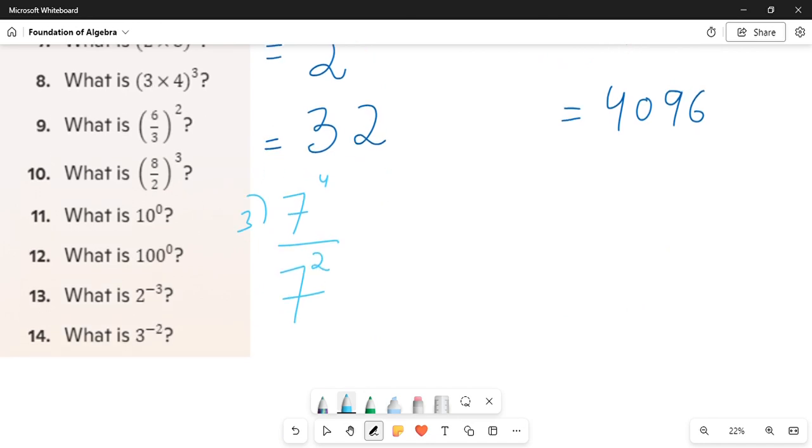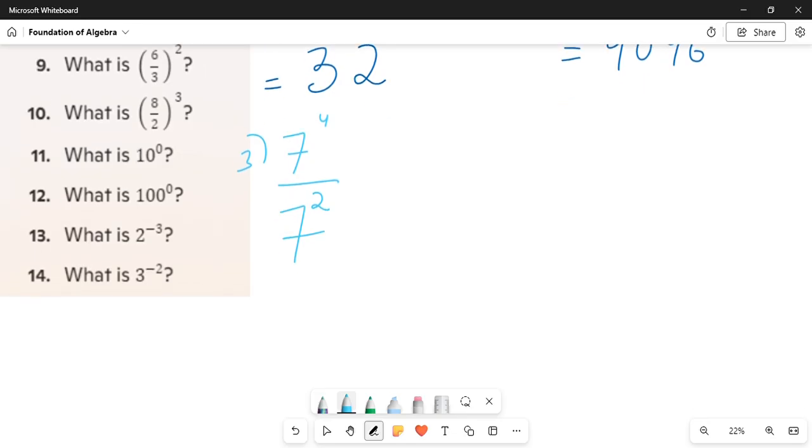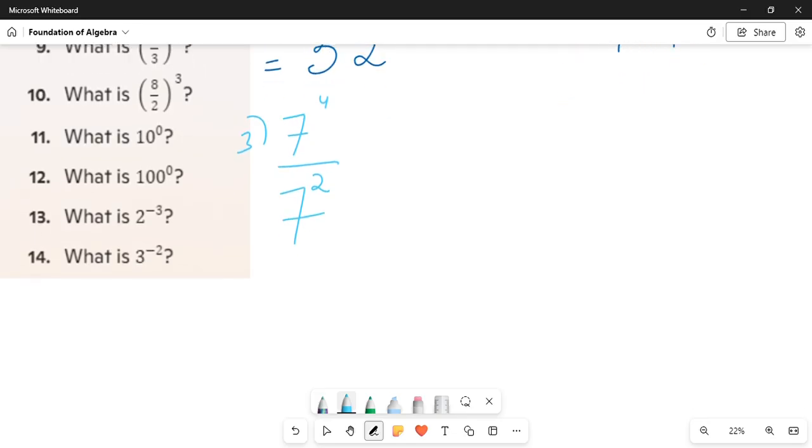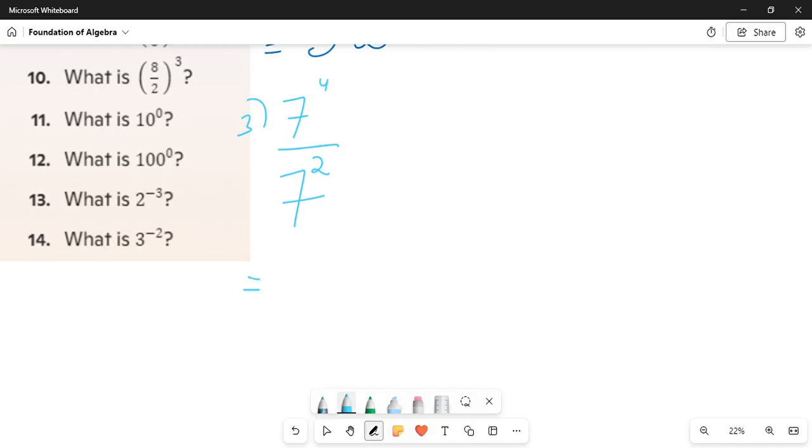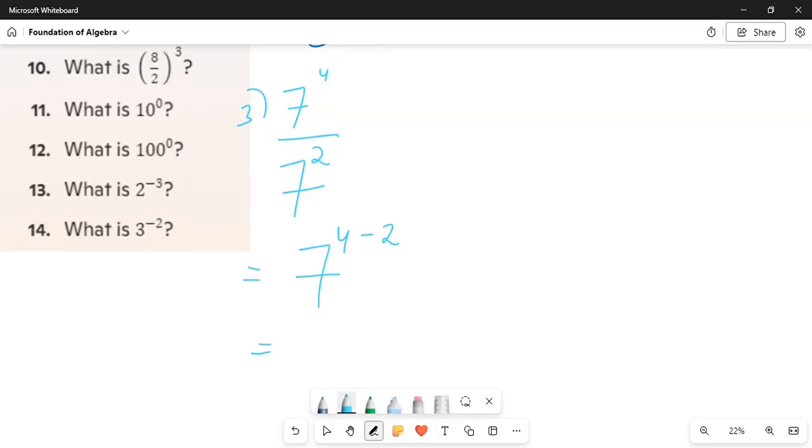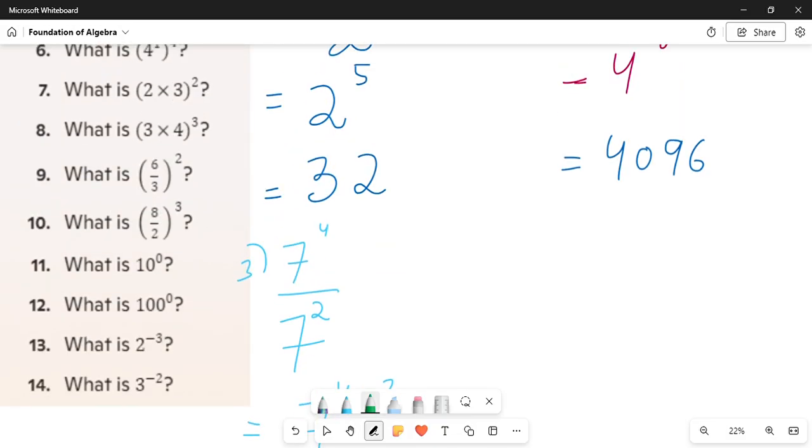Now, this is the second law, which states that because the bases are being divided, we will write the base once again, 7, and we will subtract the powers. 4 minus 2, which will equal 7 to the power of 2. Let's do the next question, which is question number 4.